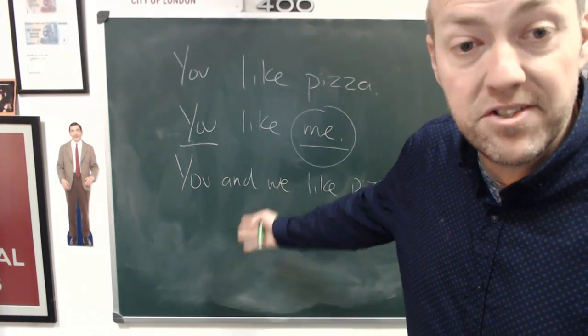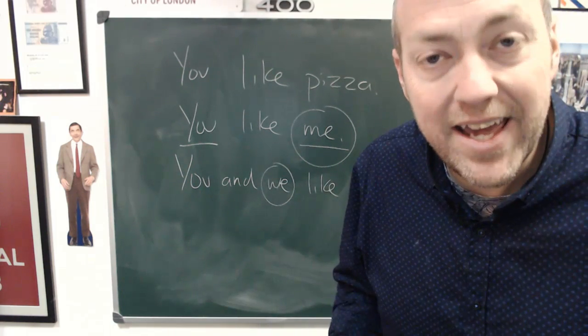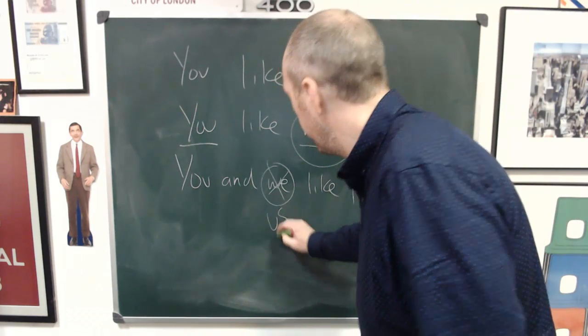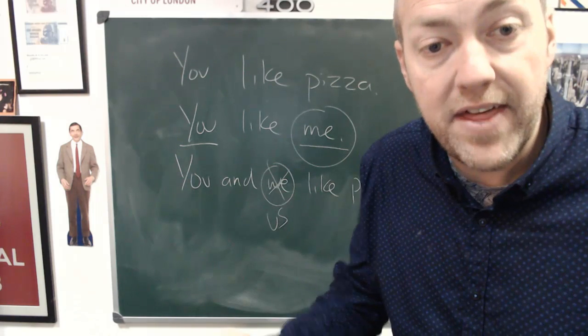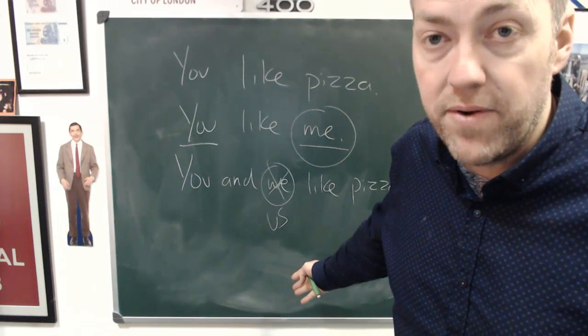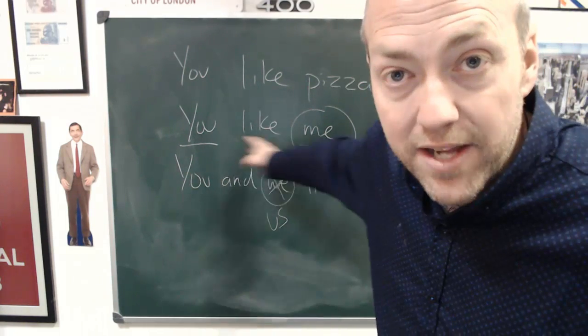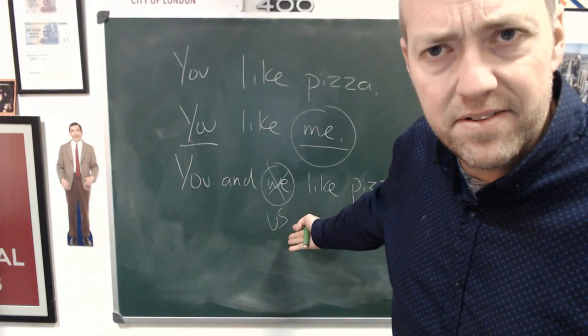No, you cannot say "you and we." It's not correct, okay? It's "you and us." Now, normally your teacher would explain that "us" is the object pronoun. But no, here it is the subject of the sentence, and we are using "us."